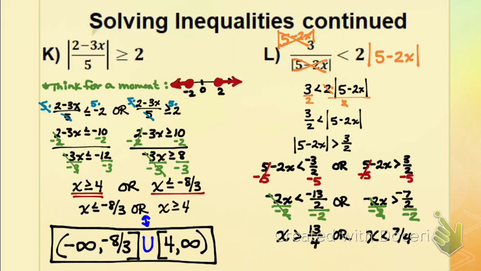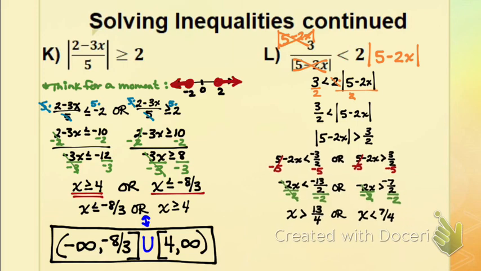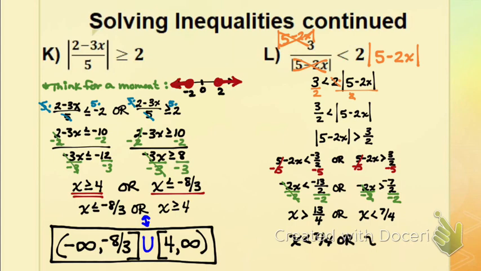I like to rearrange these before I write my interval, if necessary. Would the negative infinity, with the way I have it written now, if I just wrote down my intervals underneath these, would I have the negative infinity first? No. So I'm going to rearrange these so that my interval notation right underneath it matches with what I'm seeing. X is less than 7/4 or x is greater than 13/4.